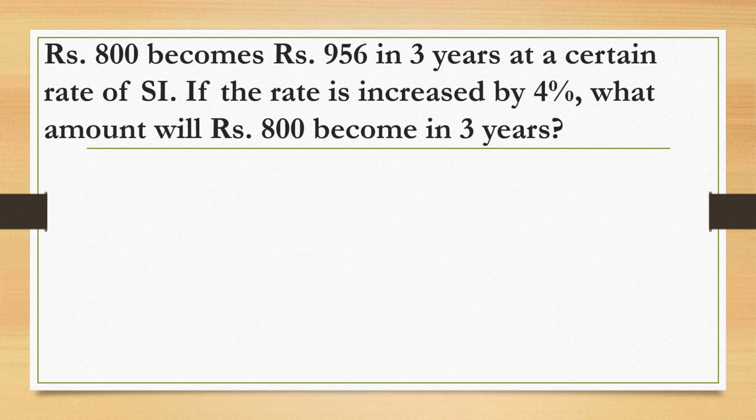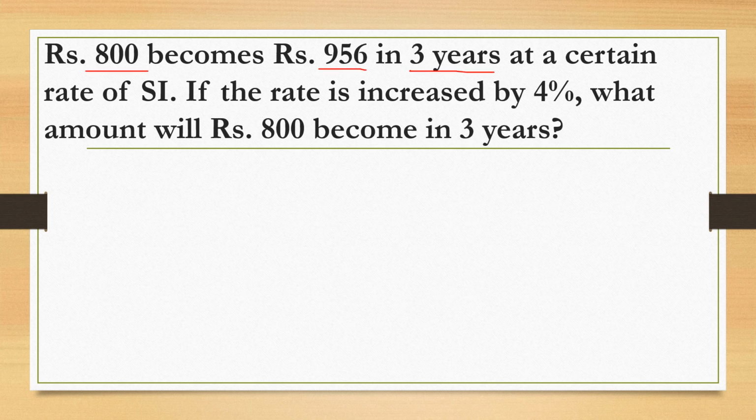Rupees 800 becomes rupees 956 in 3 years at a certain rate of simple interest. If the rate is increased by 4%, what amount will rupees 800 become in 3 years? Here we can see that the principal amount 800 becomes 956 in 3 years.